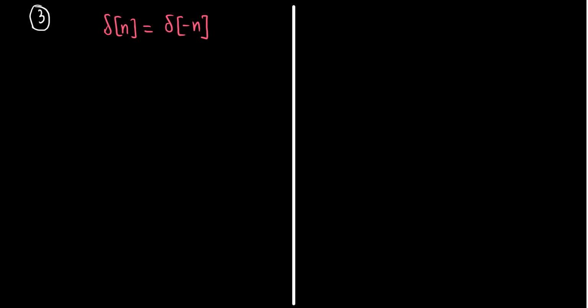Similarly, for the continuous time case, del of t is equal to del of minus t. So if we flip del of n or del of t, it doesn't matter. That is what is called the flipping property of del.